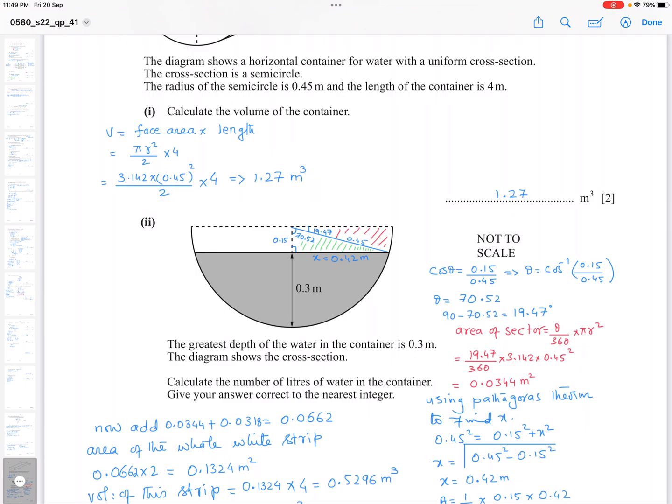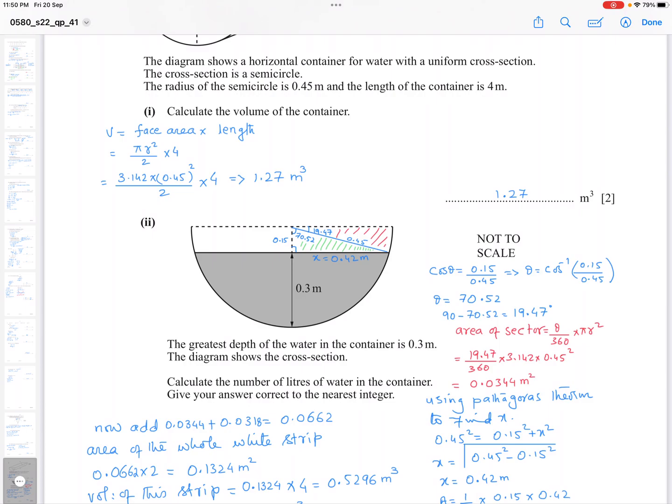I have drawn that blue line in the white strip. You can see it clearly. The diagonal blue line divides that white strip on the right side into two shapes. One is your right angle triangle and the other is your sector.